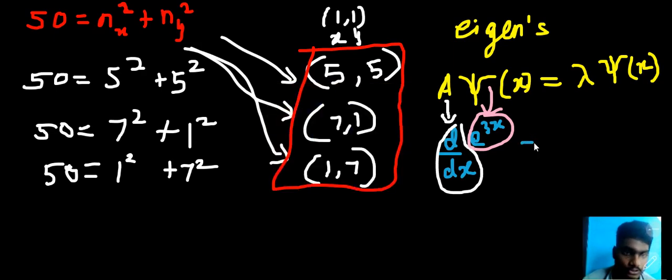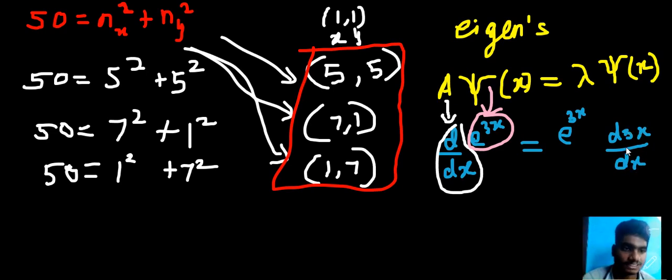Continuing this equation, we get d of e power 3x by dx.